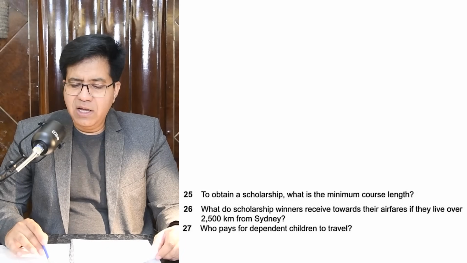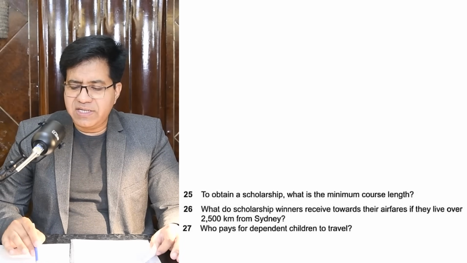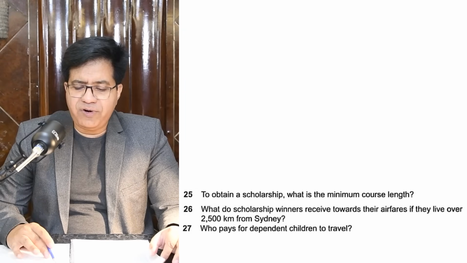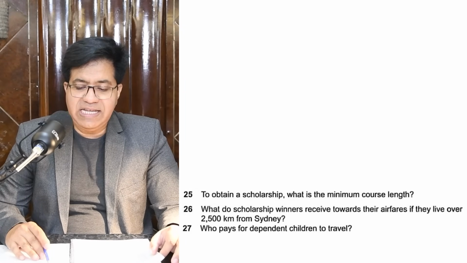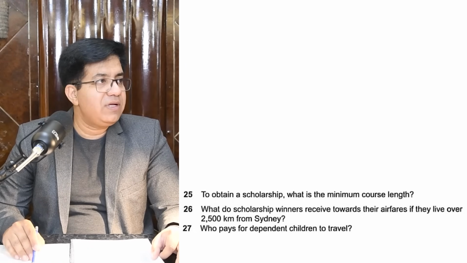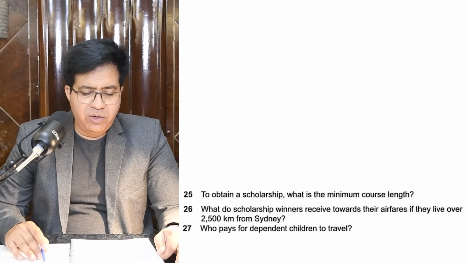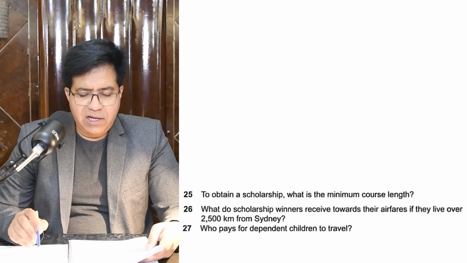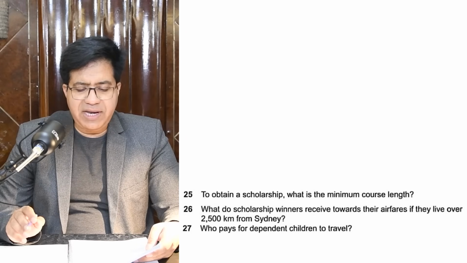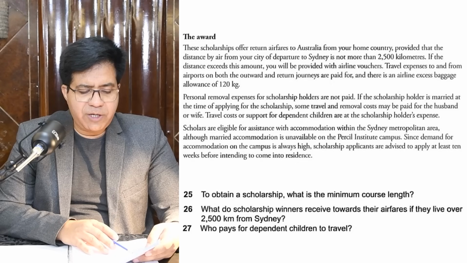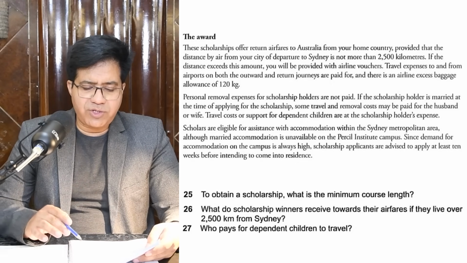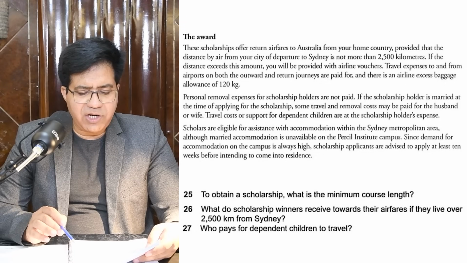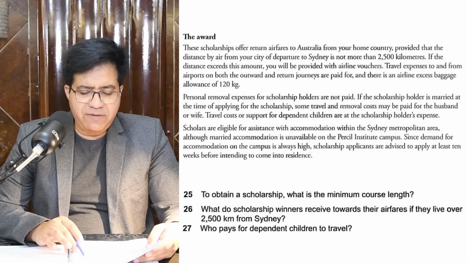Question number 26. What do scholarship winners receive towards their airfares if they live over 2,500 kilometers from Sydney? 2,500 kilometers is your clue word. Exactly, award, and second line, we have 2,500 kilometers. These scholarships offer return airfares to Australia from your home country, provided that the distance by air from your city of departure to Sydney is not more than 2,500 kilometers.